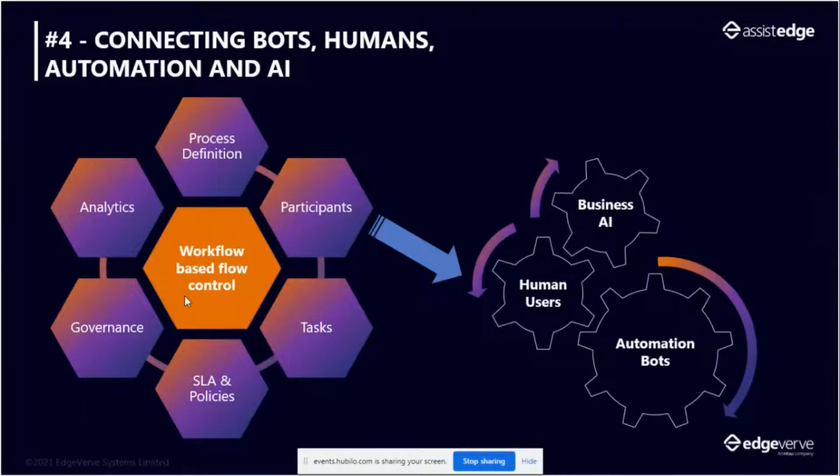These are fundamental and significant enhancements to existing capabilities of bot and human handshakes, which will now be governed through a centralized workflow framework with analytics, with governance, with SLA monitoring, all coming out of the box, along with the core ability to run complex business processes with multiple and complex human and automation component handlers.